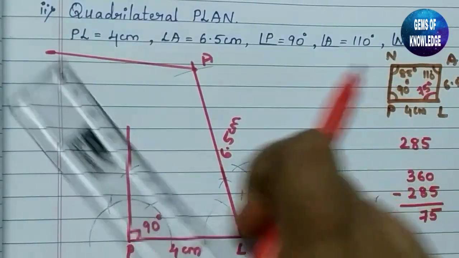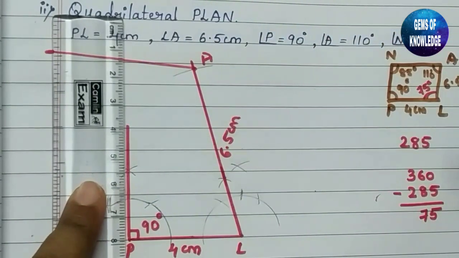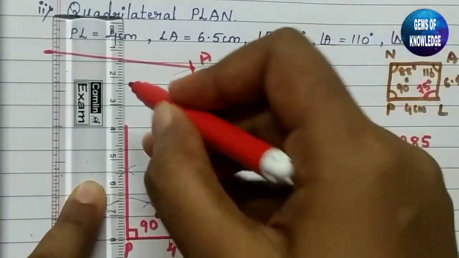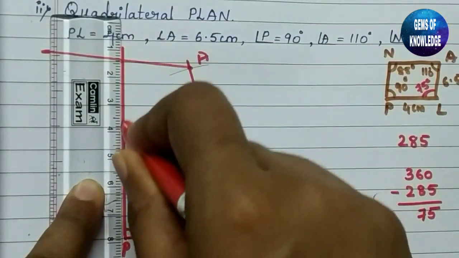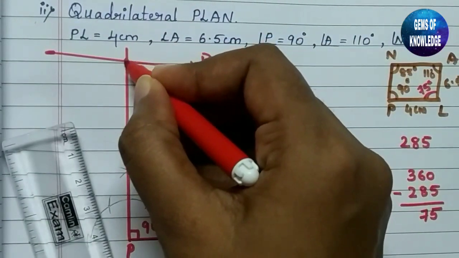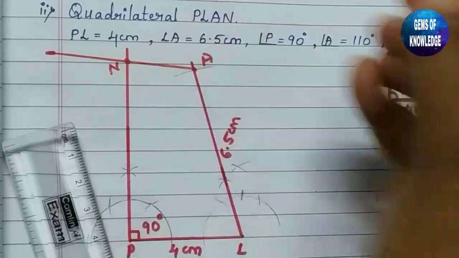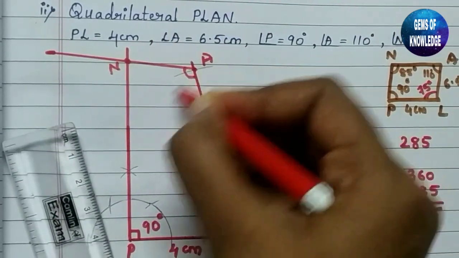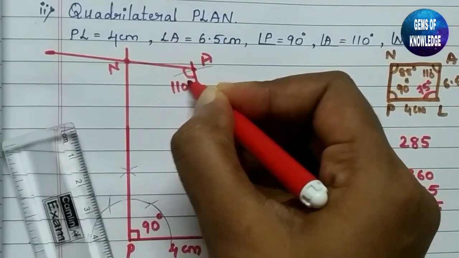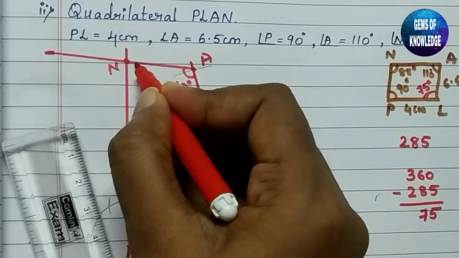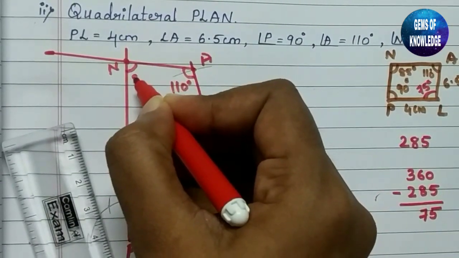Now we need to extend this line. This point is nothing but N. What is this degree? This degree will be 110 degree, and automatically here we got 85 degree.